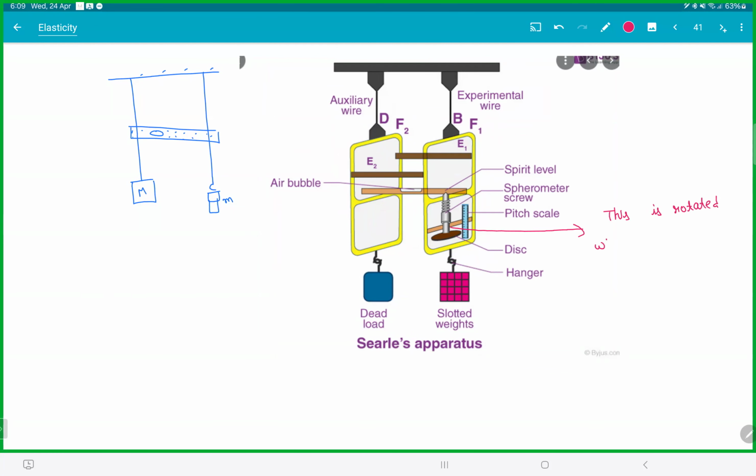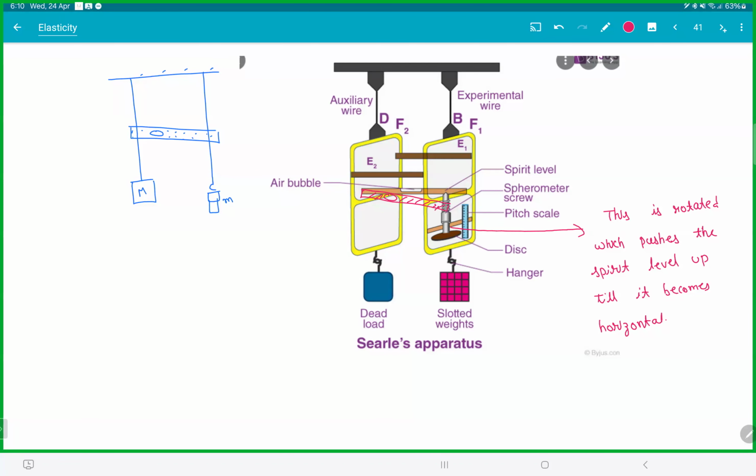This is rotated, which pushes the spirit level upward till it becomes again horizontal. You're getting it? Meaning this diagram would have become like this. Then you will keep on rotating this till it becomes again horizontal.